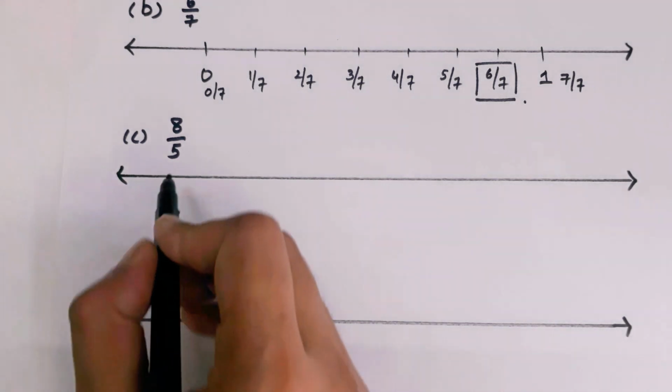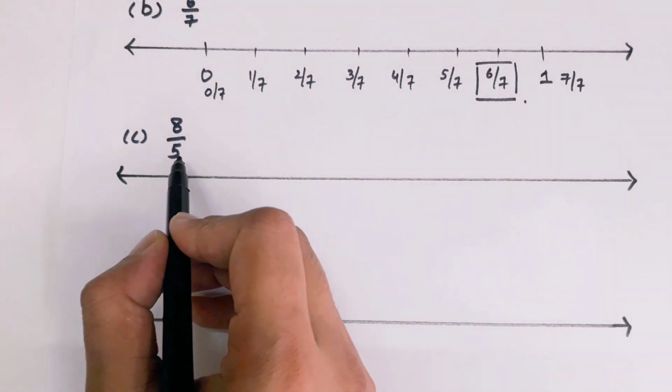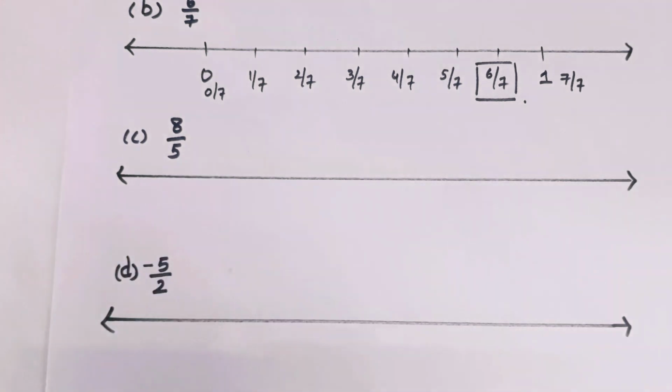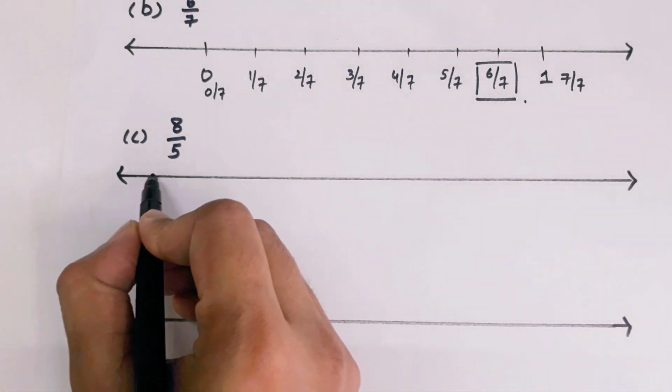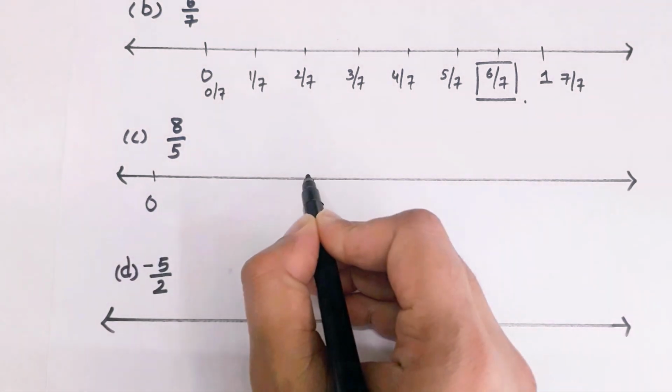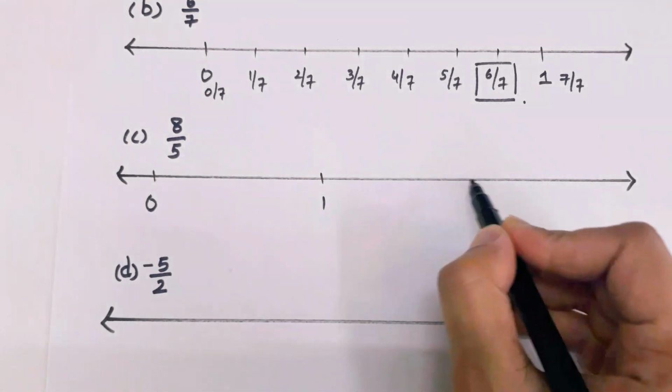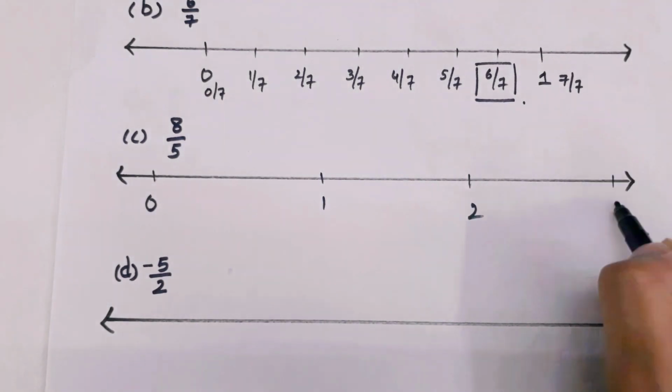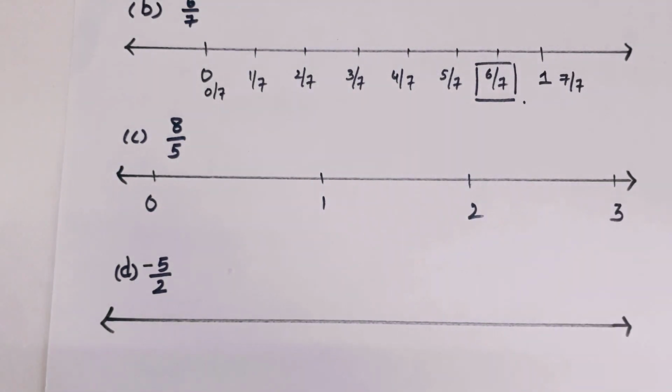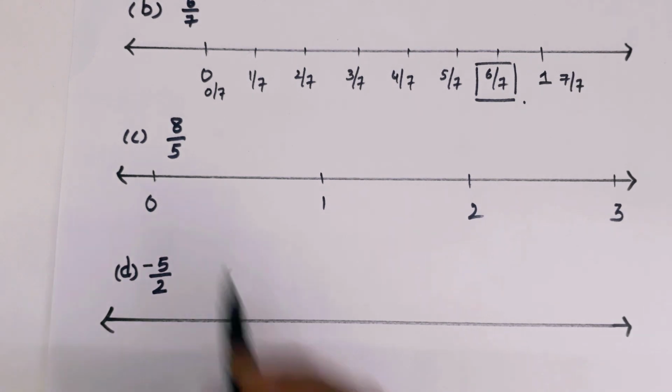So what I'll do, if I see the denominator is 5, means between each number I have to make 5 spaces. That is, this is 0. I'm taking this as 1, 2, and here 3. Okay, between each unit I'm going to take 5 spaces.